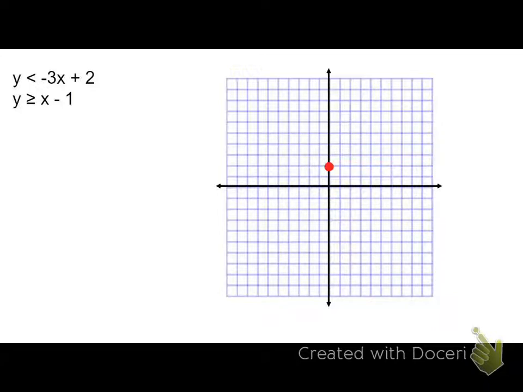So do I go up or down for a negative 3? Down 3, 1, 2, 3, and then to the right 1. I'm going to do that again. 1, 2, 3, over 1. Okay? So then I'm going to graph my line. When I go to graph this line, is it going to be dotted, dashed, or solid? Dashed. It's going to be a dashed line.